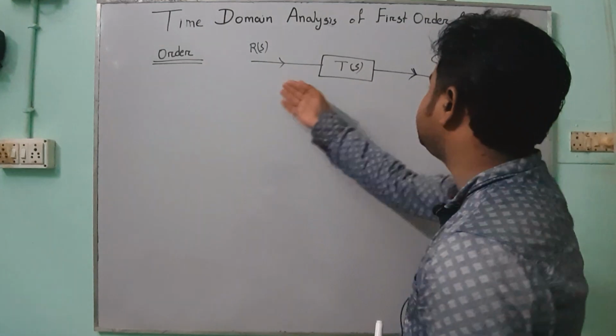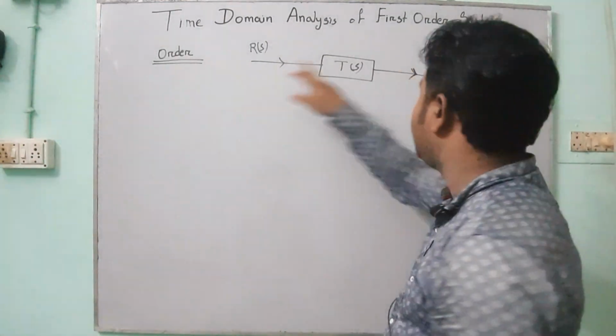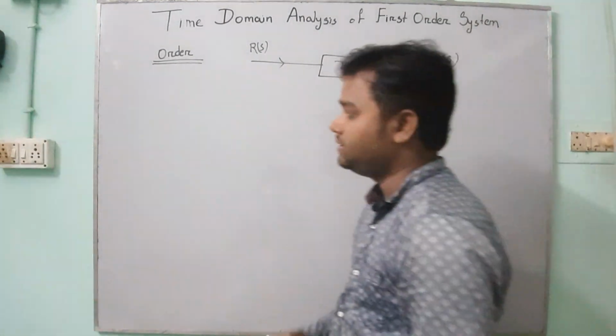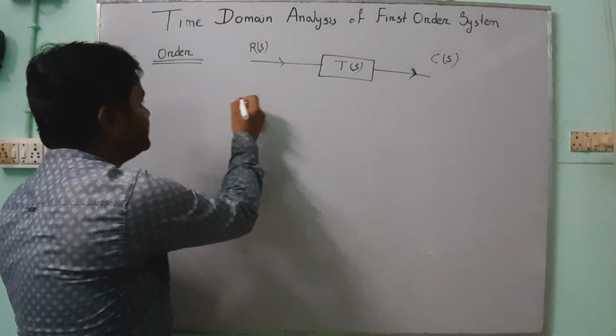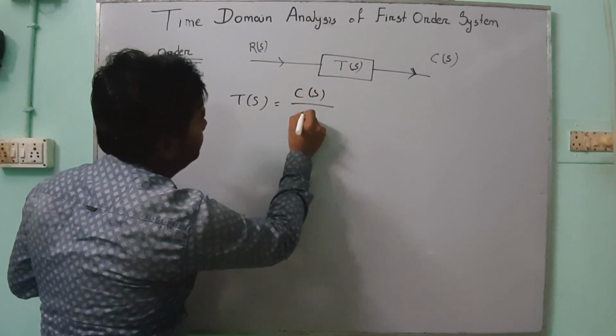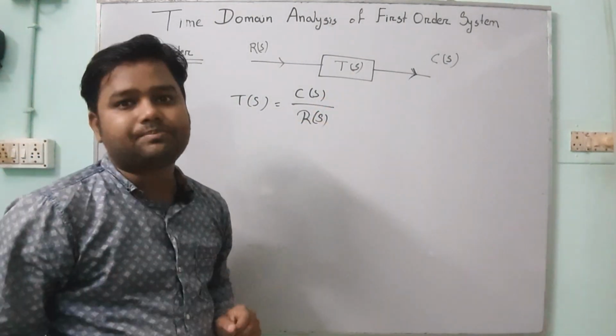We know that this is a transfer function model. Input is R of S, output is C of S, transfer function is T of S. So T of S is equal to C of S divided by R of S. This is the basic formula.